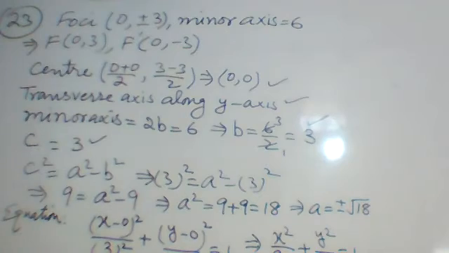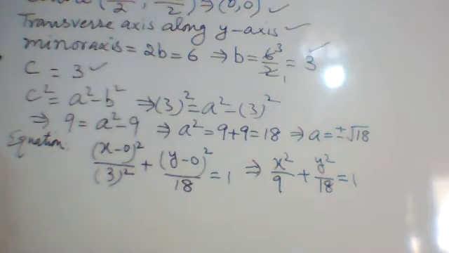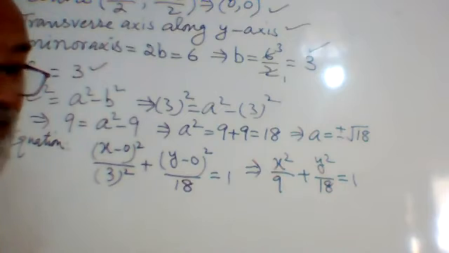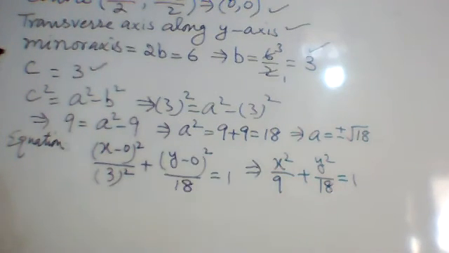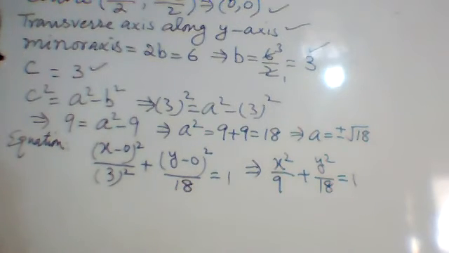This is the standard equation of the ellipse: x square upon 9 plus y square upon 18 equal to 1. We may convert it into the general equation. If you multiply by the LCM of the denominators 9 and 18, the LCM will be 18.